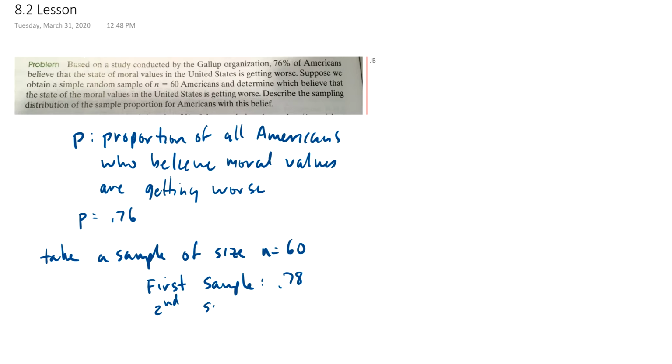Suppose I take a second sample. Would it be okay if I got a 75%? Sure. Third, 76.2%. All right, fourth, I might get a 73%. Fifth, I might get a 78% again.